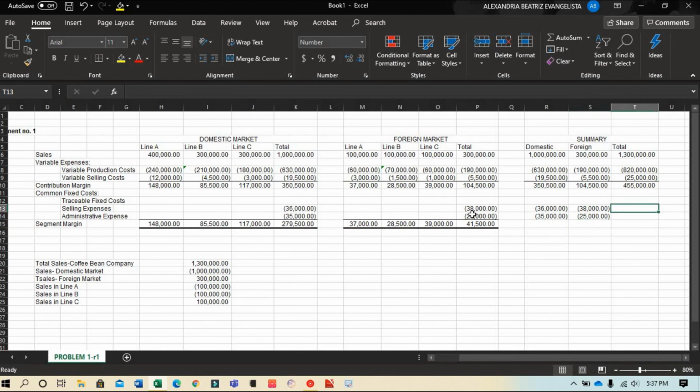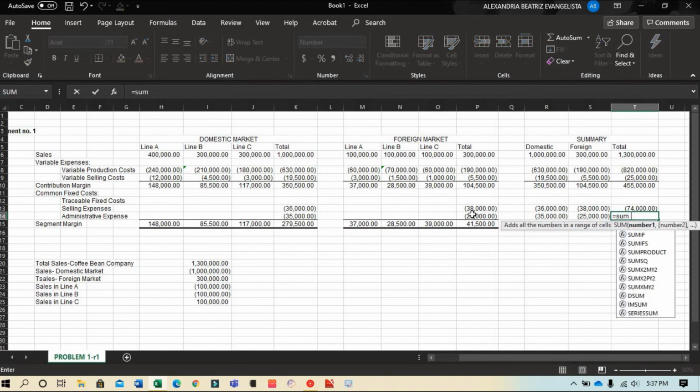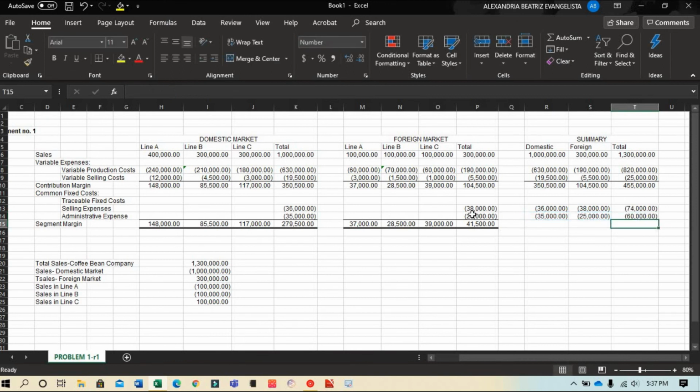And then let's just get the total of these numbers. So a total of 74,000 traceable fixed cost, specifically selling expenses, and a total of $60,000 for administrative expenses.